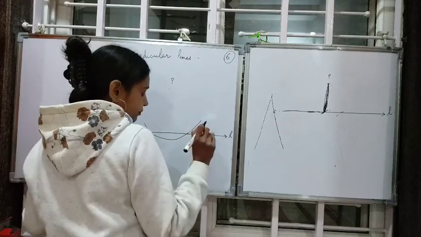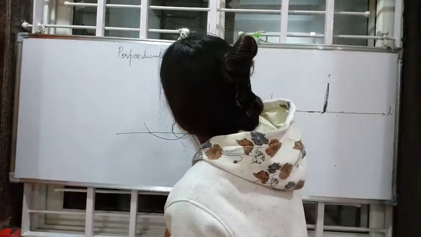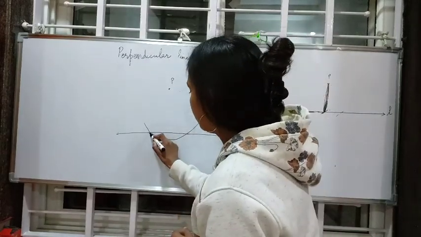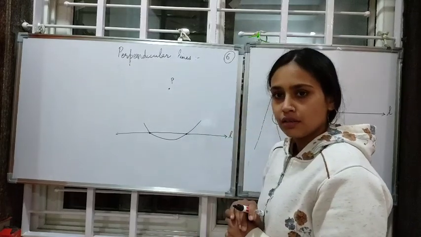This is my arc. Now you get the 2 points of intersection, this and this, correct?